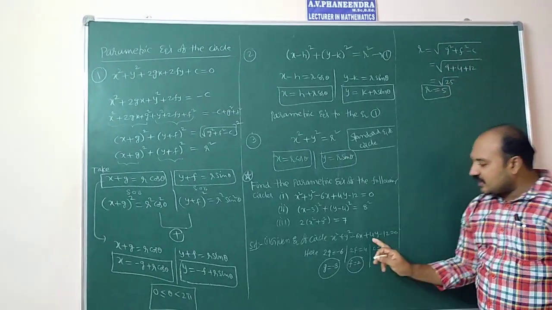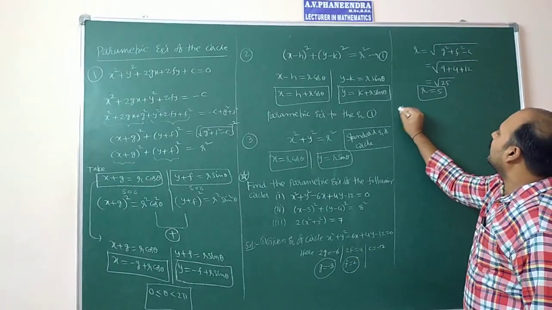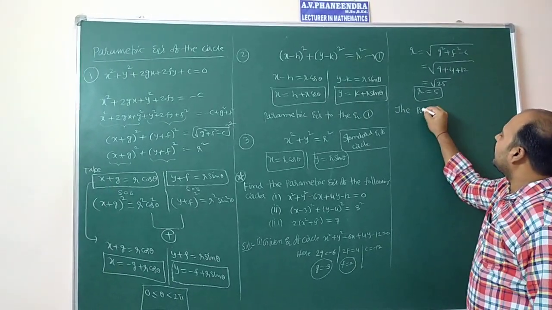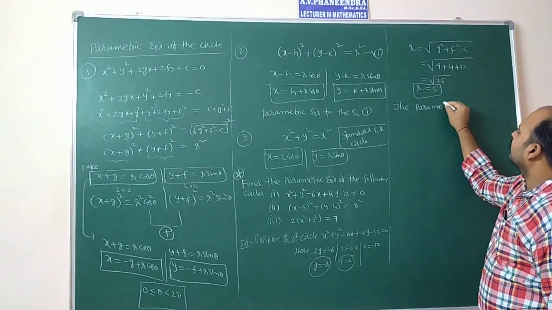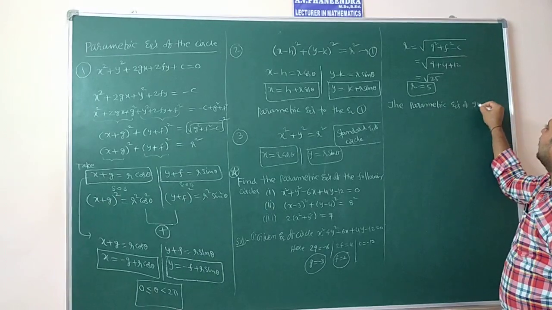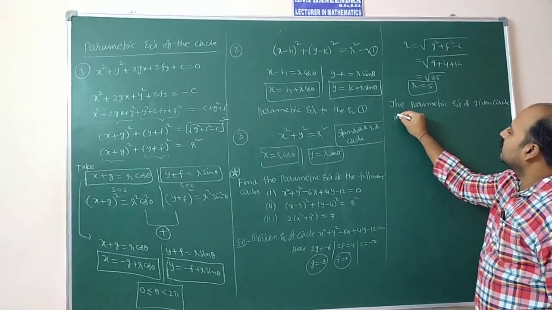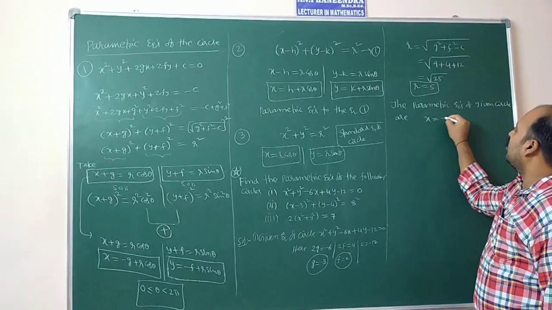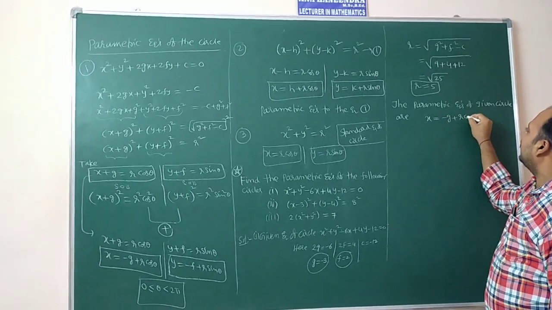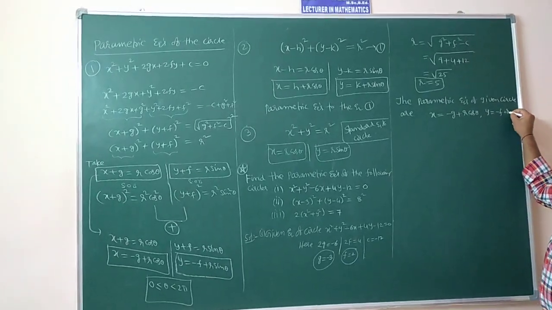Whenever the equation of circle is in general form, what are the parametric equations? The parametric equations of the given circle are x is equal to minus g plus r cos theta and y is equal to minus f plus r sin theta.